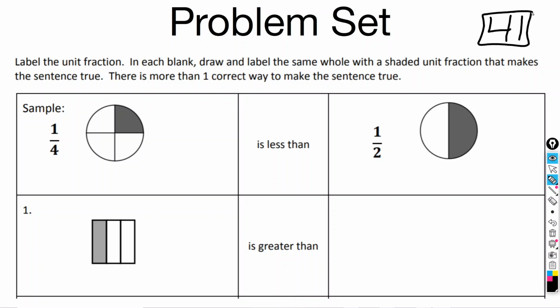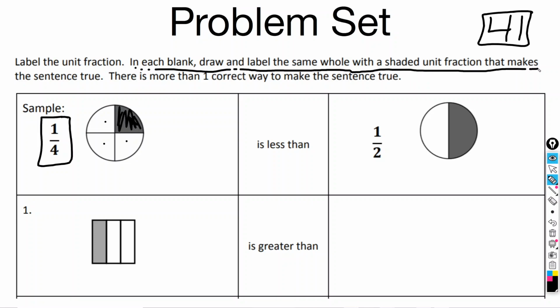And it says, label the unit fraction. So on our example here, the first thing they did was label the unit fraction 1/4, because they have shaded one piece out of 4 pieces altogether. In each blank, draw and label the same whole with a shaded unit fraction that makes the sentence true.